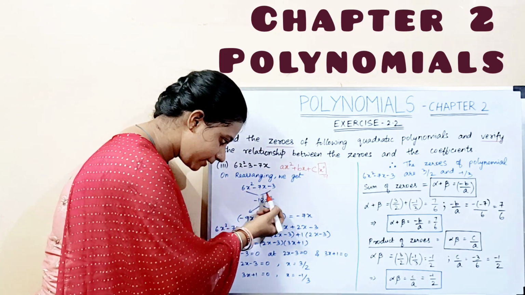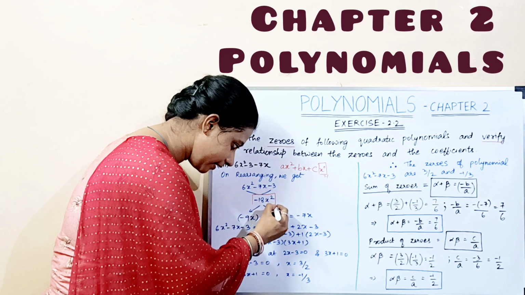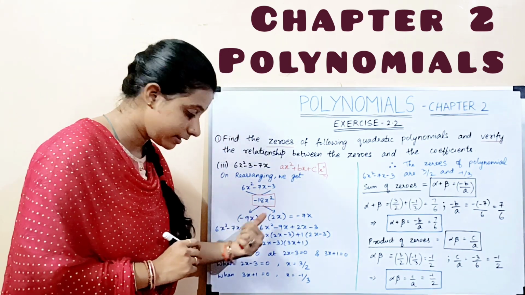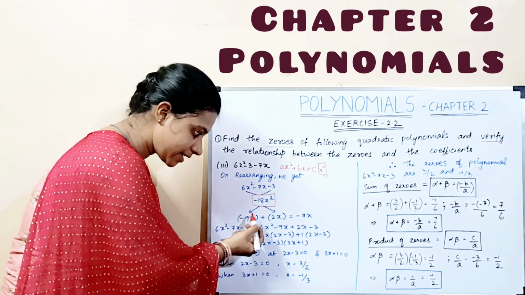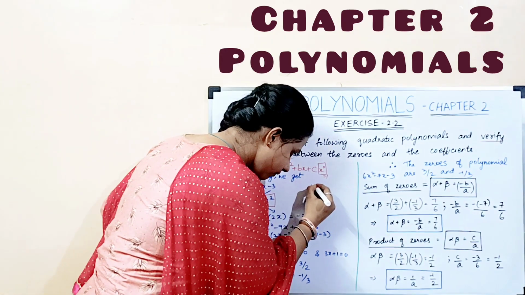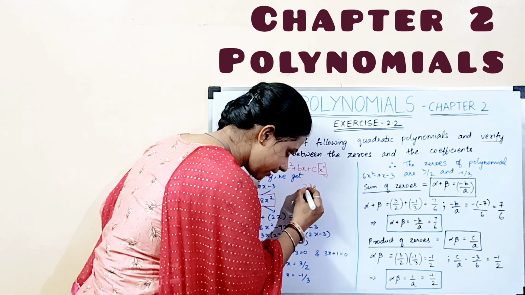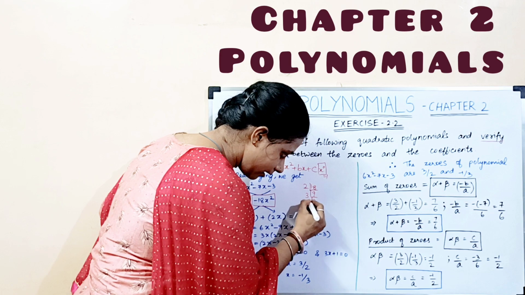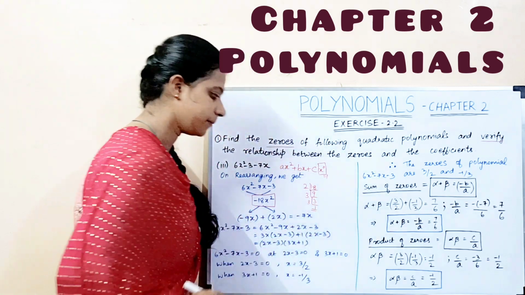6x square into minus 3 we get minus 18x square. This minus 18x square we can split as minus 9x plus 2x. So how are we doing it? We will prime factorize this 18. 2 into 9 is 18, 3 into 3 is 9 and 3 into 1 is 3.